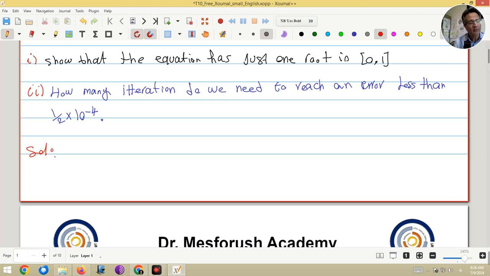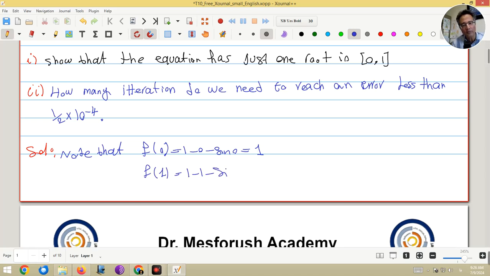The solution is very straightforward and very easy. First of all, note that f(0) is 1 - 0 - sin(0), which is 1.